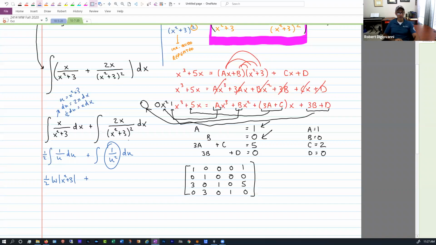The antiderivative of that is negative u to the negative 1, or if you like, you can write that as negative 1 over u. Either way. So I'm going to change this to a minus, and I'm going to put 1 over u, but u is x squared plus 3. Plus c. And we're there.